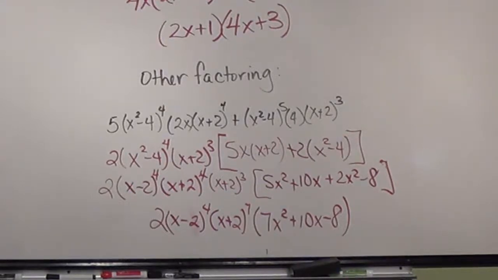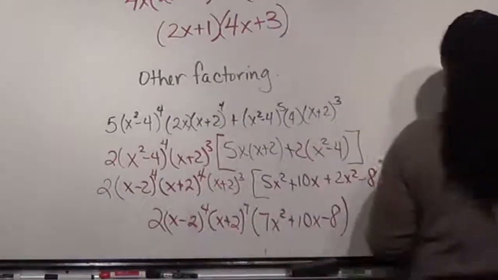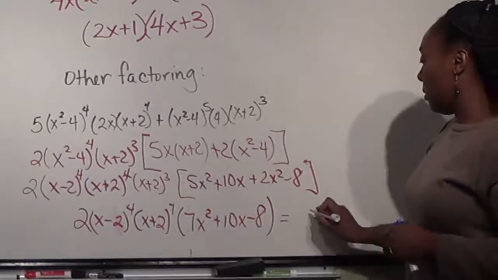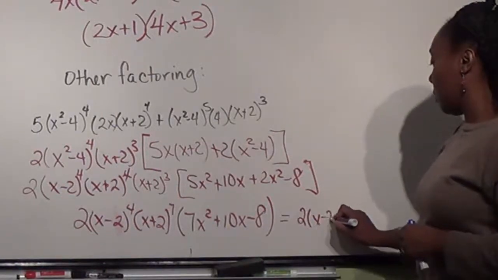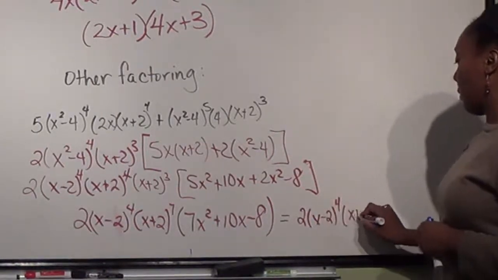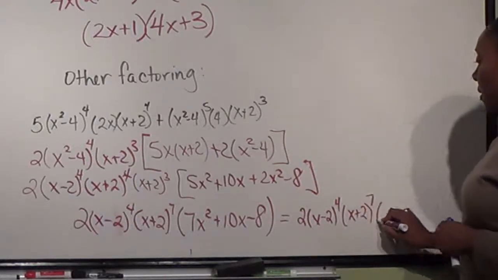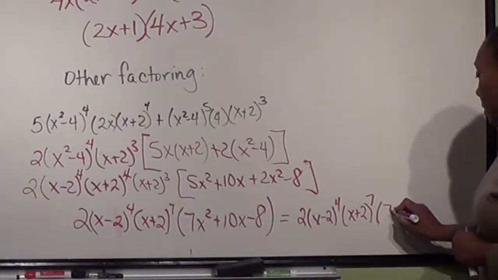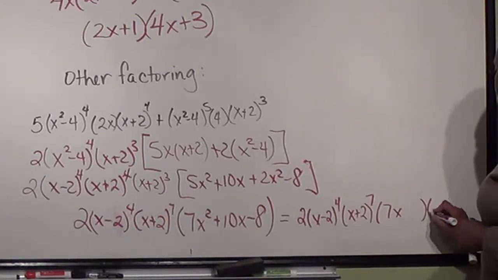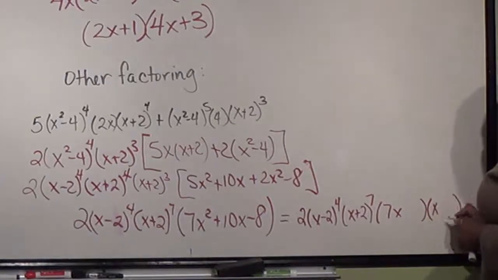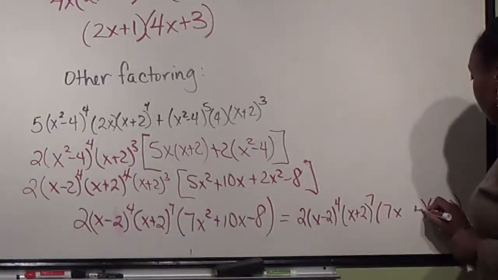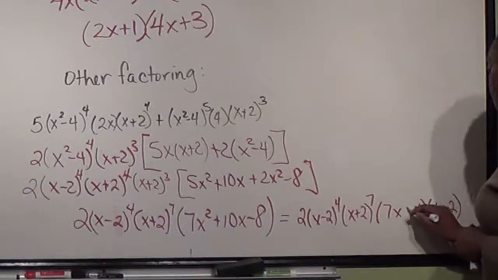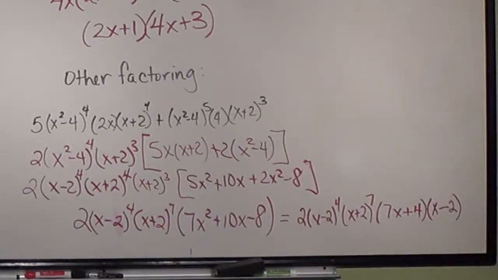And I can actually take that one step further because that last polynomial can factor a little bit more. So this is going to be 2x minus 2 to the 4th, x plus 2 to the 7th. I can take that down to 7x and x, 14 and 4, so minus 14 plus 4 to give it.